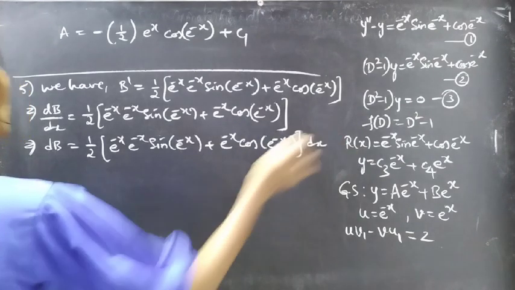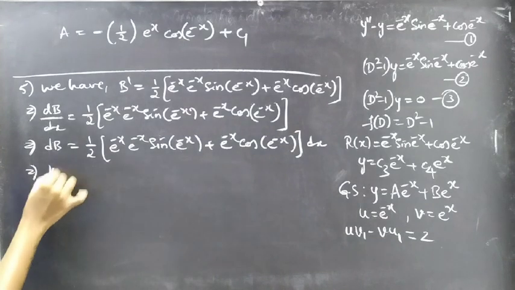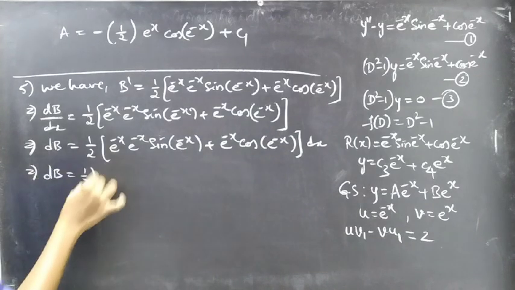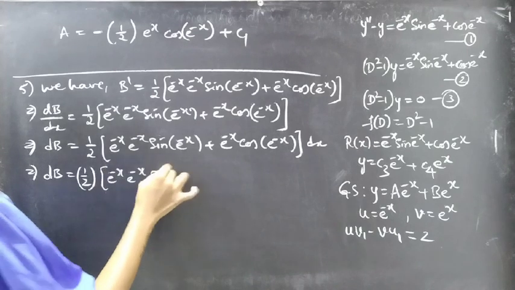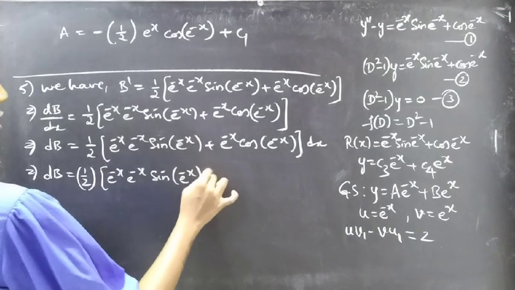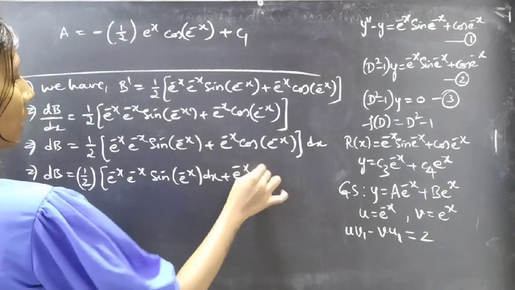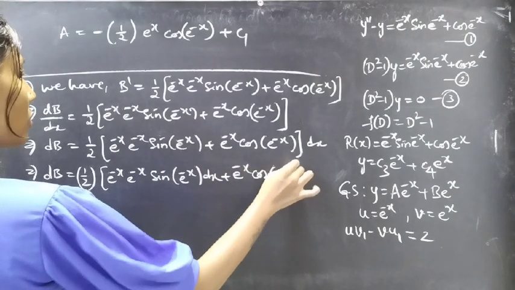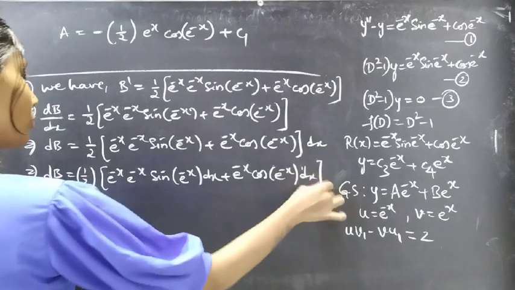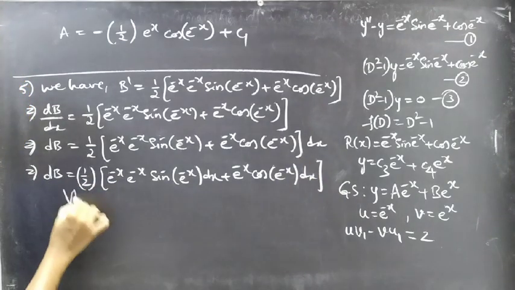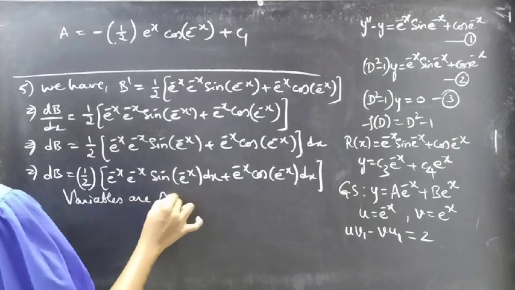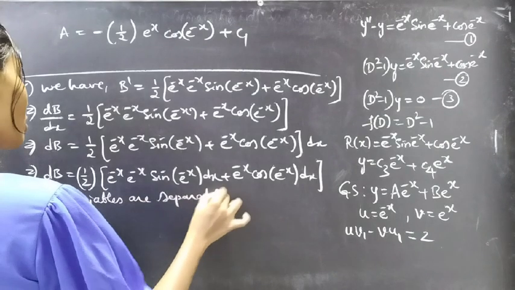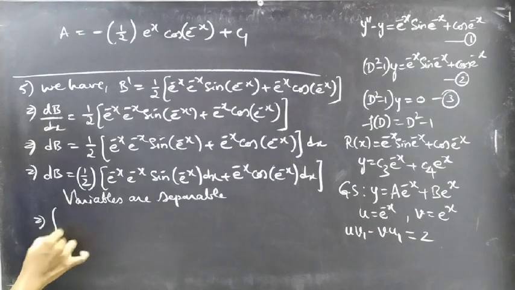Here the variables are separable, or you can include one more step. db equal to 1 by 2 into e power minus x sine of e power minus x dx plus e power minus x cos of e power minus x dx. So here the variables are separable, so we can perform integration.